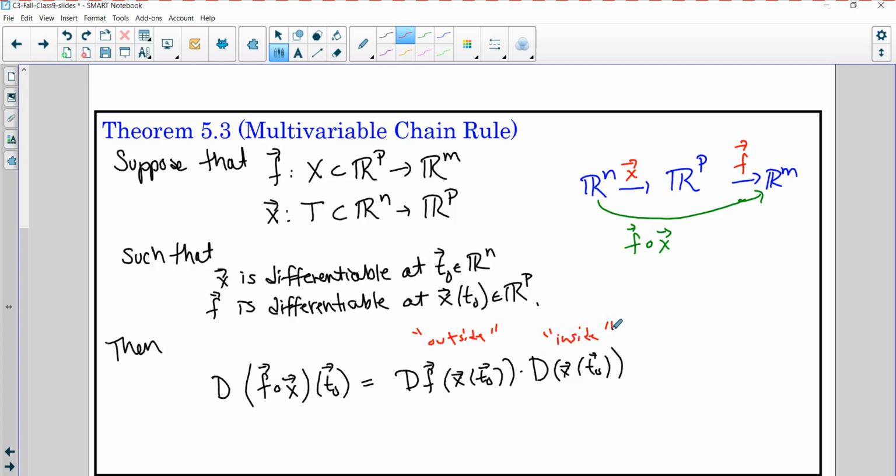Okay, but the more important thing that I want to remember is the dimensions. We know that this first one is an m by n dimension. If I were to look at that entire thing, this is m by p, and then this would be p by n.